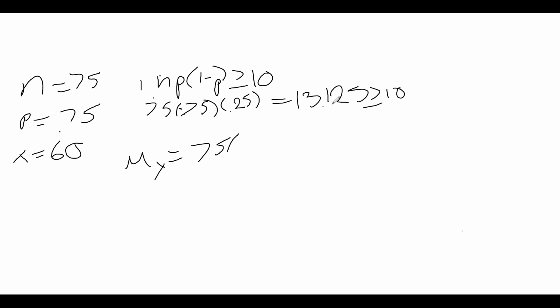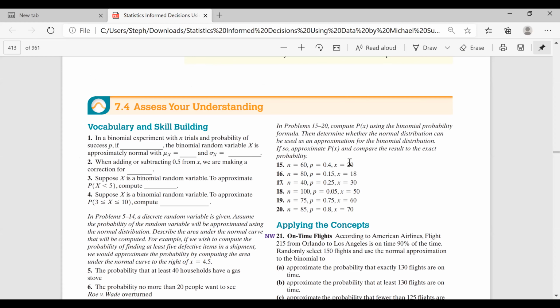And that's where I was getting confused. Let's go back here. Because that's what she did, and we ended up getting the right answer, I believe. So I wasn't really sure why.